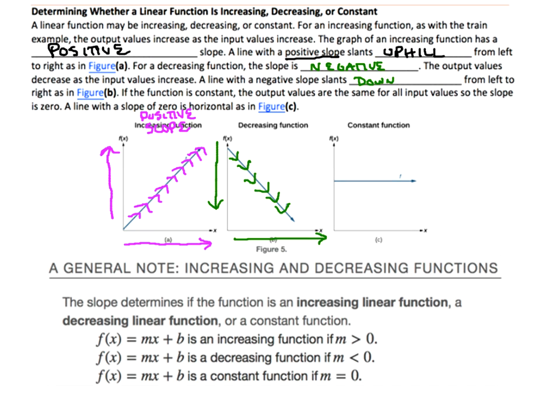So a line with a negative slope slants downhill from left to right. And if the function's constant, it's a plateau. It's a horizontal line. So that next little general note is just symbolizing and summarizing all of that information about positive and, let me write this, this is negative slope.